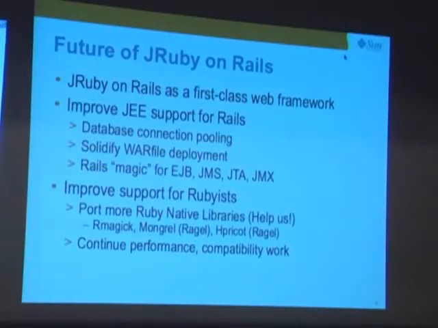We also want to make it easier for Rubyists to use JRuby on Rails by porting C-based libraries that you're used to using, like RMagick. We already have Mongrel and Hpricot working in JRuby. We have ports of those. And continuing to make performance better and make compatibility closer to Ruby.